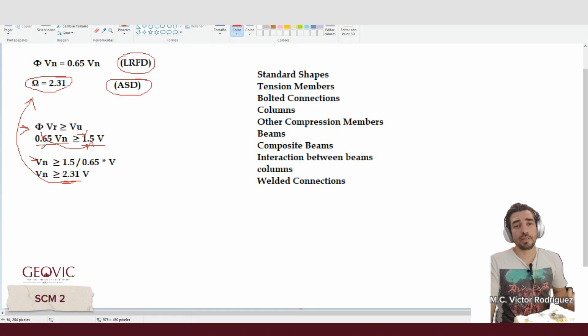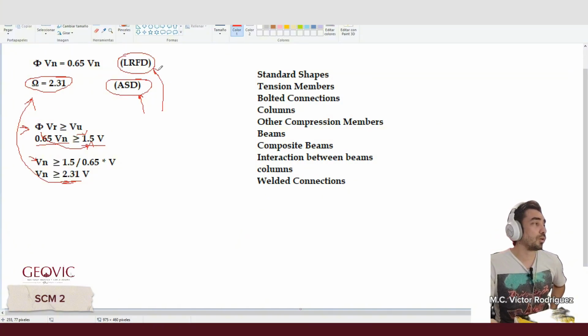So they are pretty much the same. We could say that this methodology was used before, and currently most designers work with this one here. Just to keep it in mind.